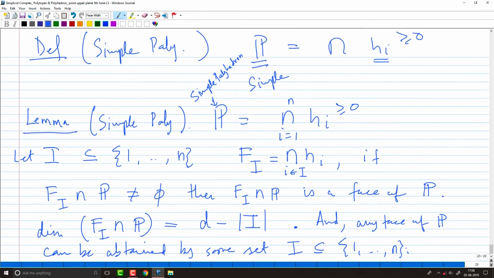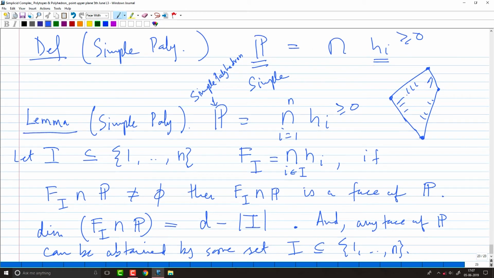So, the half planes were like this, and this, and I have got this polytope.